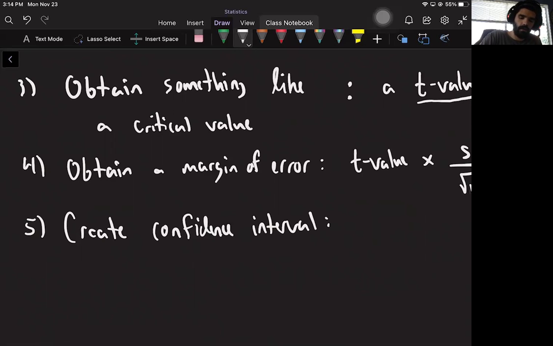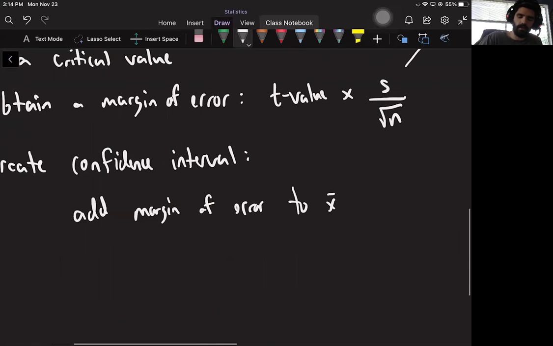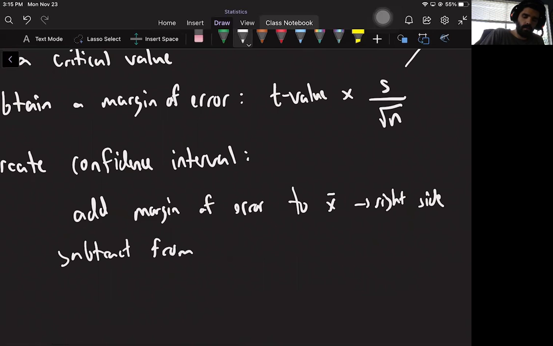So you just add the margin of error to your sample mean, and that tells you the right side of the confidence interval. And then you subtract it to get the left side.